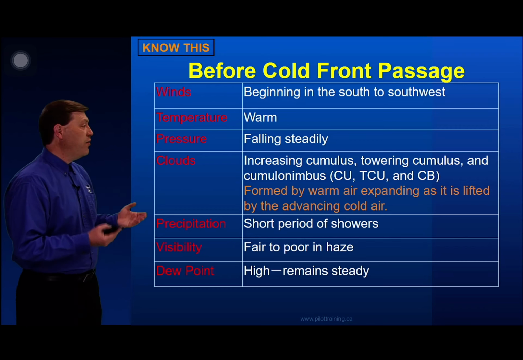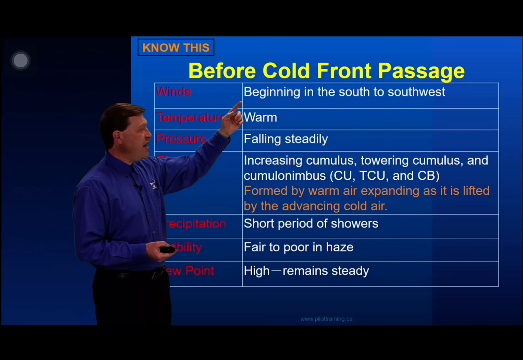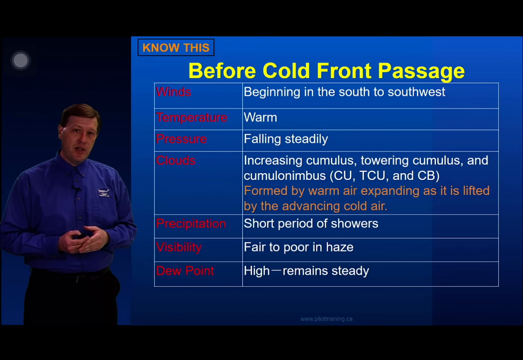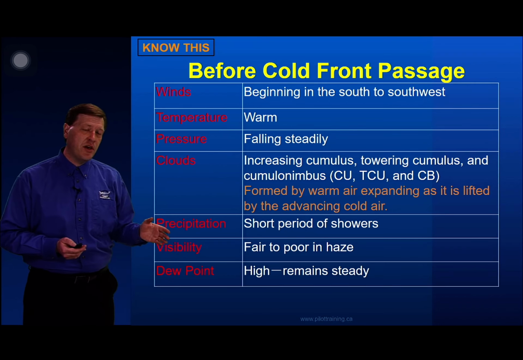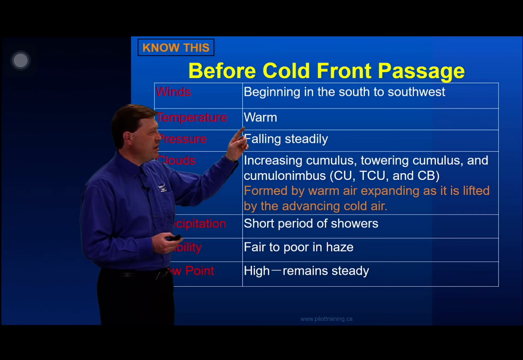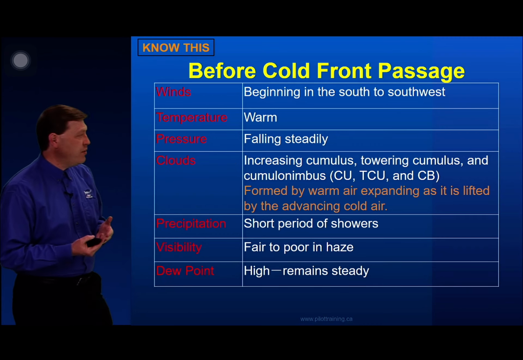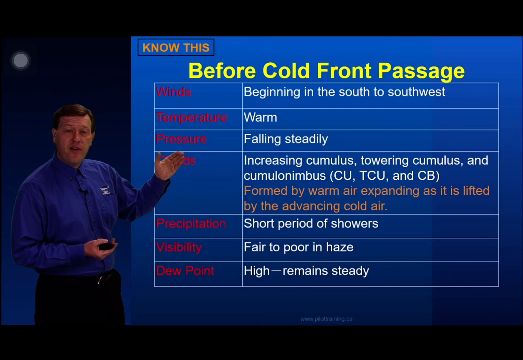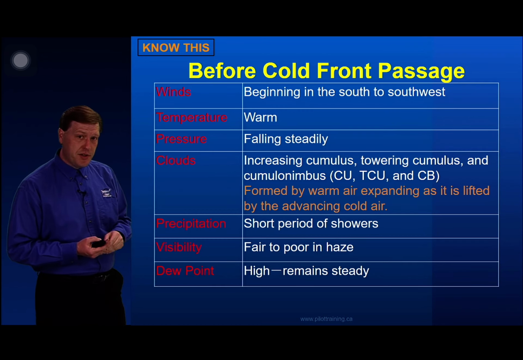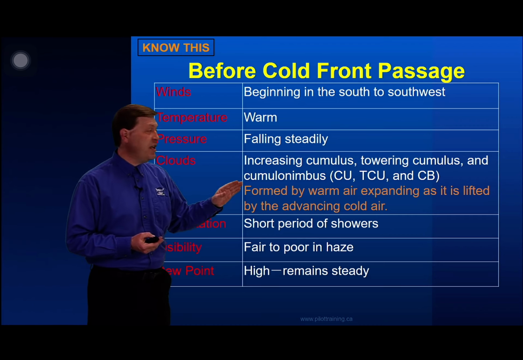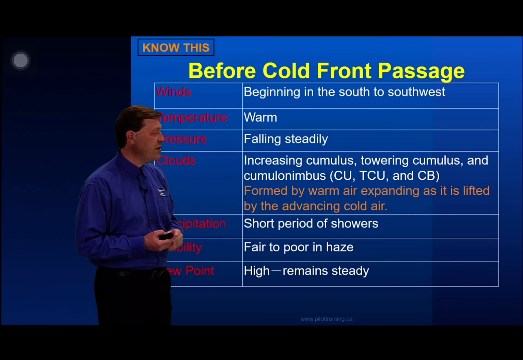Okay, so before the cold front, notice how the winds are from the south to the southwest. And in those examples that I showed you earlier, you clearly saw that. As for the temperature, yeah, it's going to be reasonably warm. Notice the pressure is going to be falling as the front approaches. In terms of clouds, well, initially it was clear, but increasing cumulus, towering cumulus, and cumulonimbus.